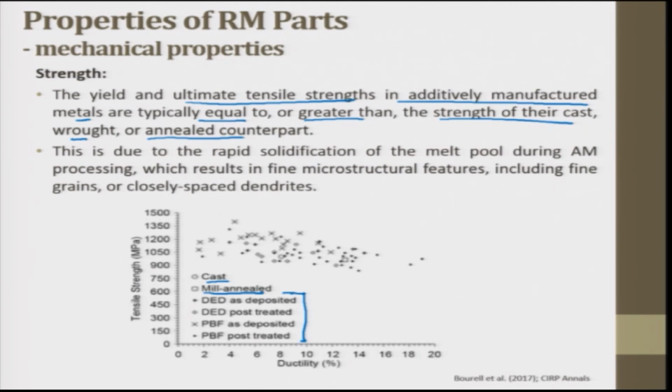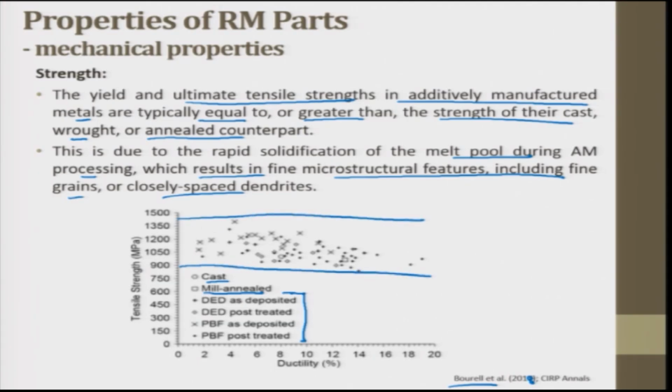This is due to the rapid solidification of the melt pool during additive manufacturing, which results in fine microstructural features including fine grains or closely spaced dendrites. This is a study taken by the same researchers in 2018. They saw that the tensile strength lies in this range for the different parts. So there is not a significant difference in strength from the cast and the mill annealed parts. So this is the strength of rapid manufactured parts.